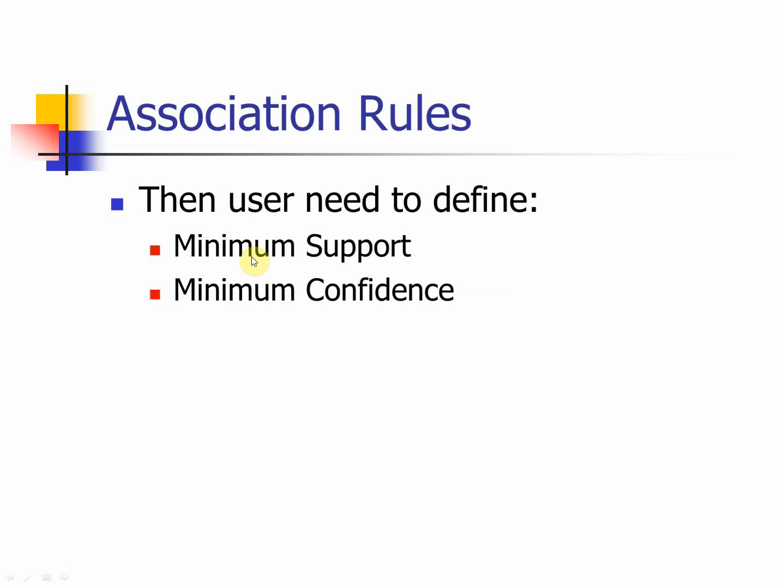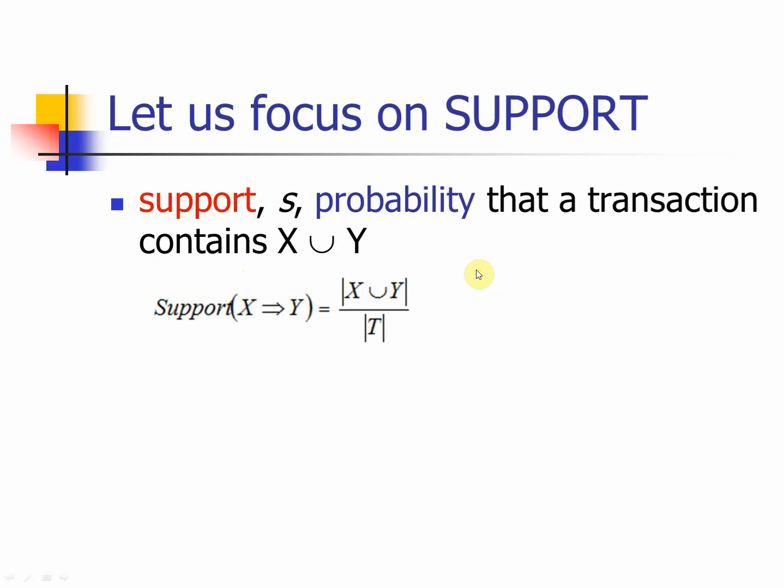In other words, minimum support indicates the minimum value of the support that you want to consider part of the frequent item set. And the same thing will need to be done on the confidence. As I mentioned, let's focus on support first. And we will have another video focusing on the confidence.